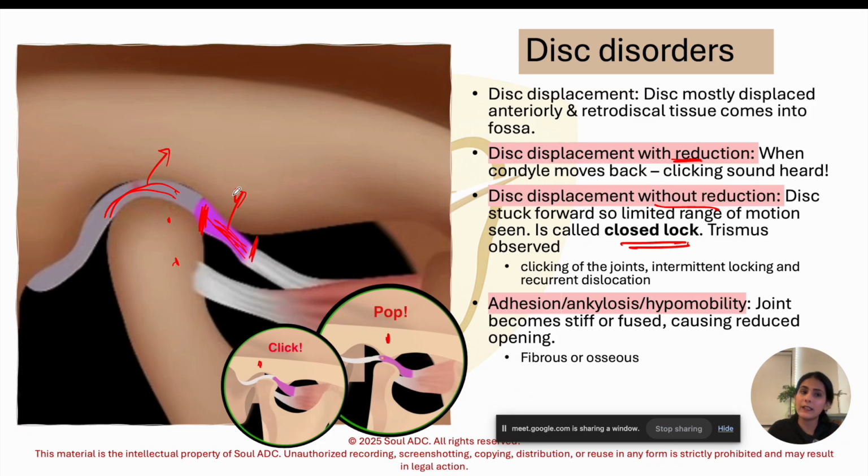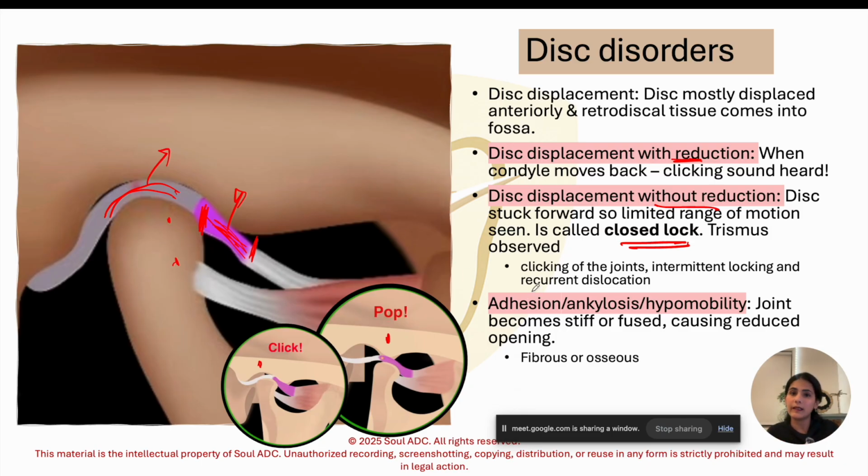Another thing we need to know is that when this reduction issue is happening repeatedly, this retrodiscal tissue will become thick. Fibrosis of this will happen, and slowly your body recovers and it starts behaving like a disc. So this will behave like your TMJ disc. I'm talking about that, okay?